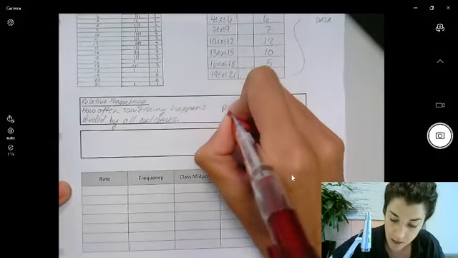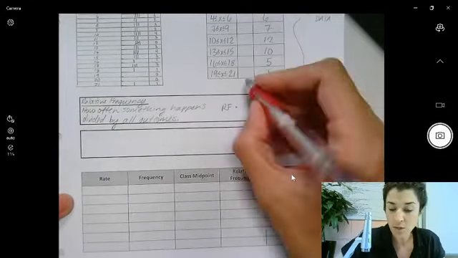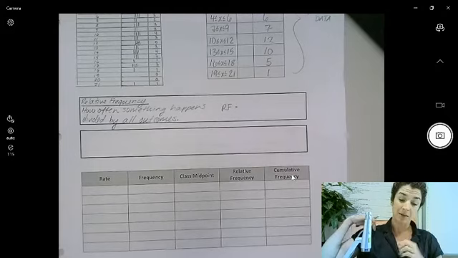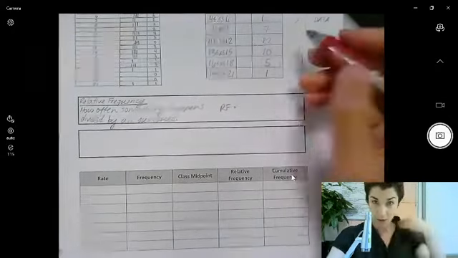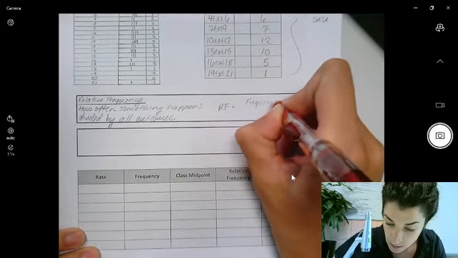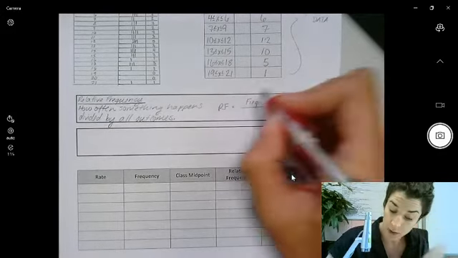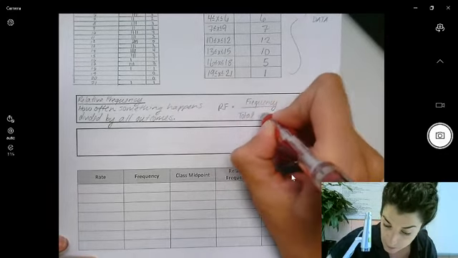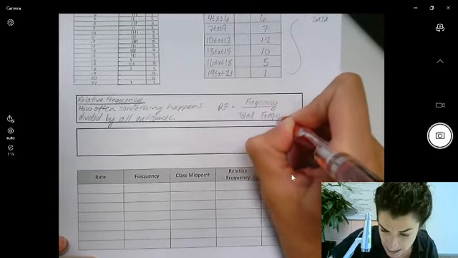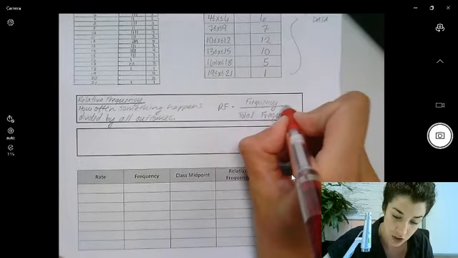So a little formula here, although it's not really a formula type of thing, your relative frequency is the frequency number, right? So all of these numbers up here are your frequency numbers. So your frequency divided by your total frequency. In other words, how many times you counted this situation.